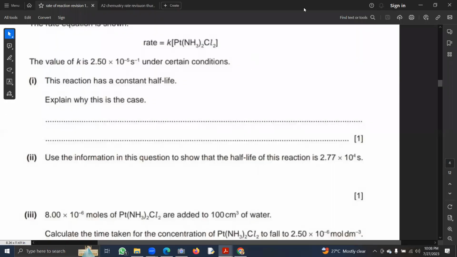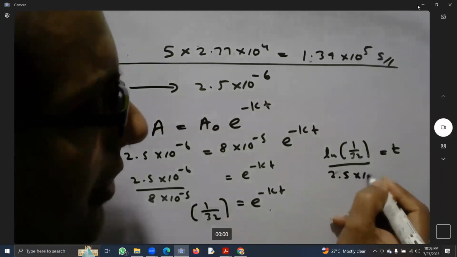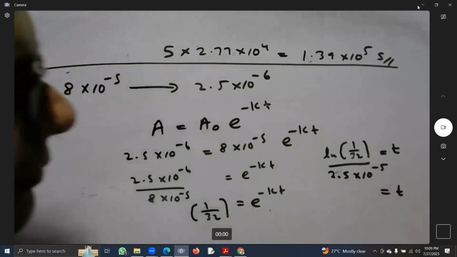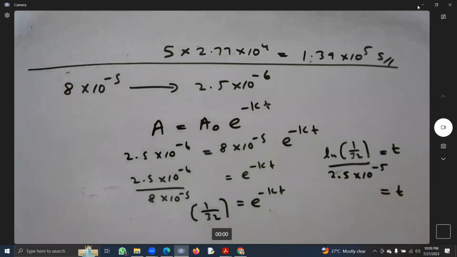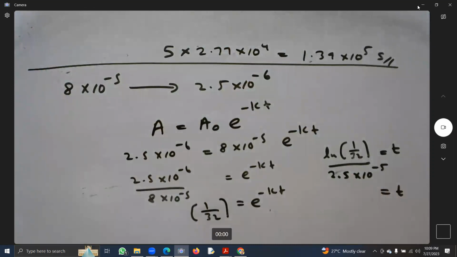The k value is 2.5 into 10 to the power minus 5. How much is that? Minus 130,620. So I get a negative value.